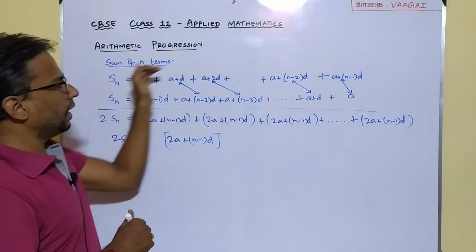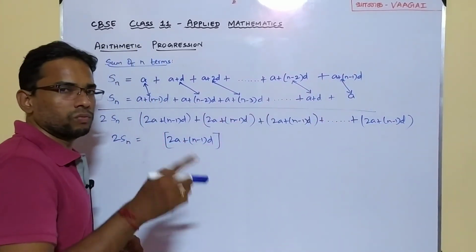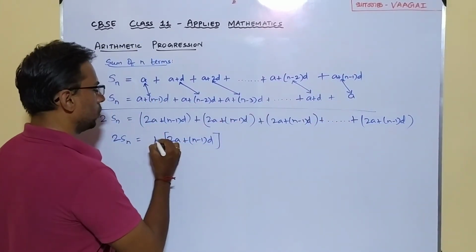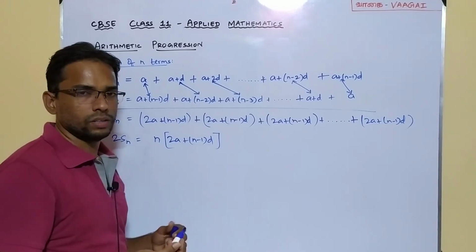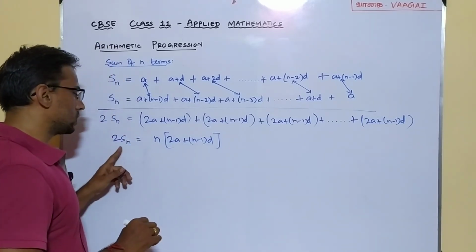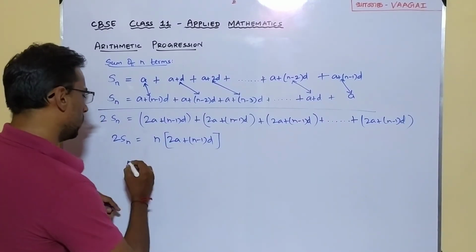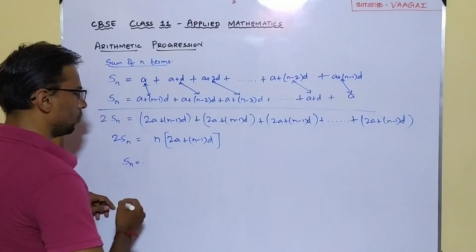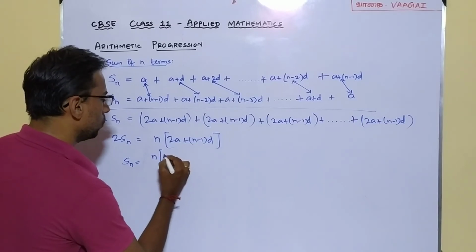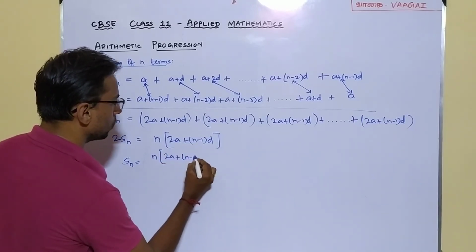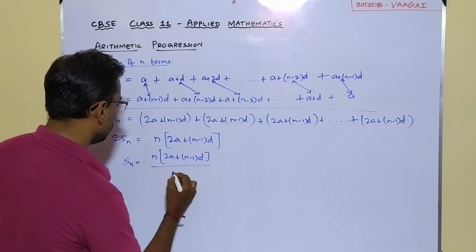We have clearly n terms, so that means we would have got n times 2a plus (n minus 1) into d. That's a simple idea. So 2Sn is nothing but n times 2a plus (n minus 1) into d, and so Sn will now be equal to n into 2a plus (n minus 1) into d, the whole divided by 2.